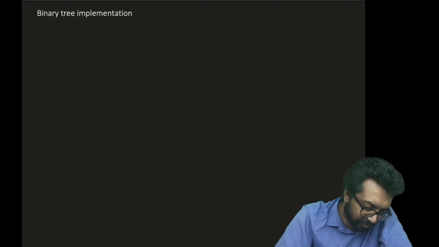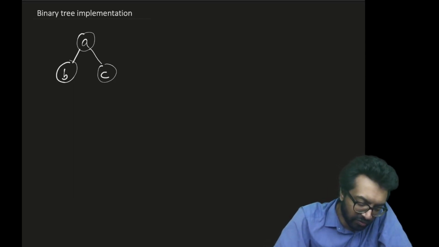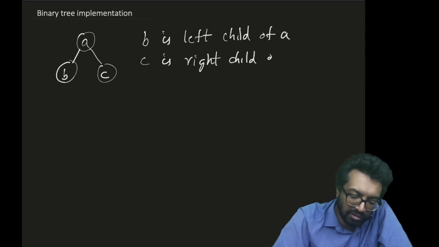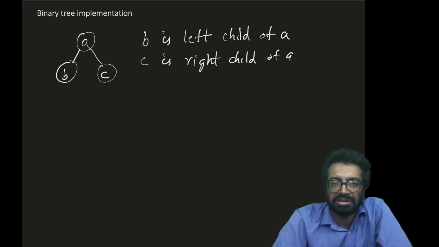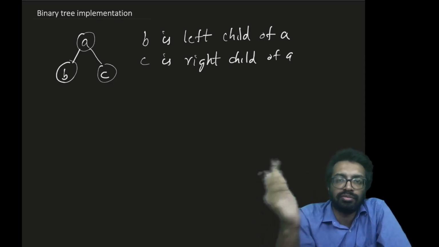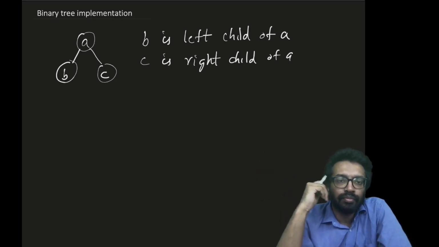So for example, in this diagram, B is the left child of A and C is the right child of A. This is clear. The node which appears on the left is the left child and the node which appears on the right is the right child. That's how we are going to represent binary trees pictorially.